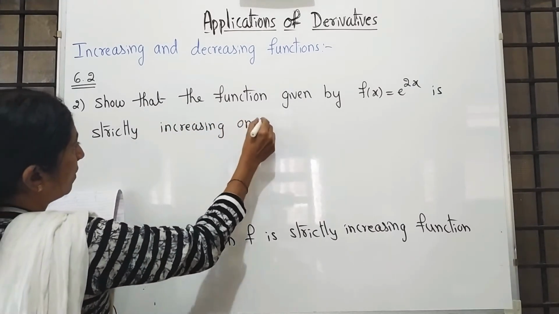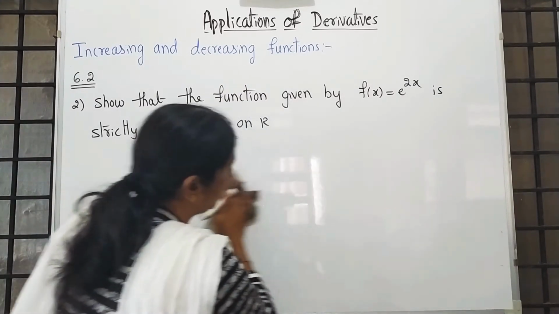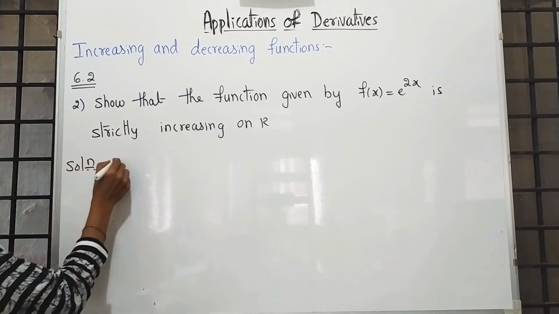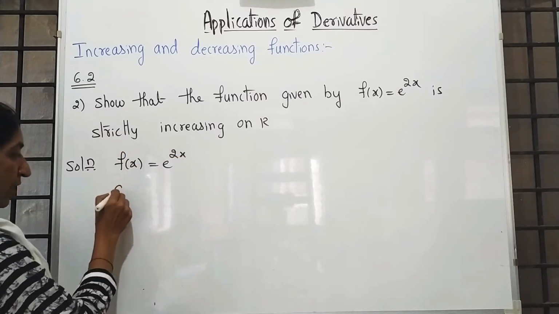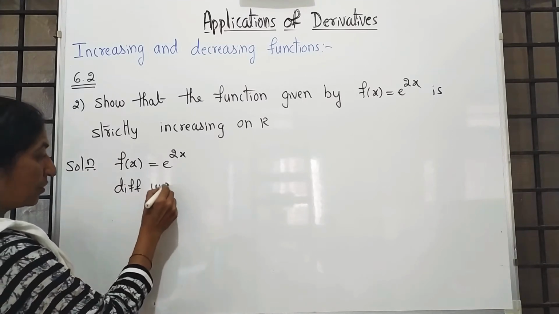Set of real numbers. So here also first write down the function. The given function is f of x is equal to e raised to 2x. As usual, first we have to find the first derivative.